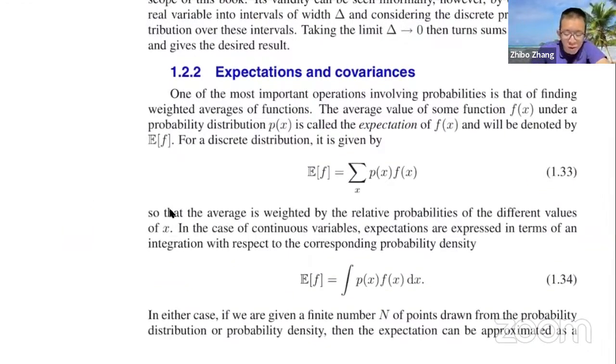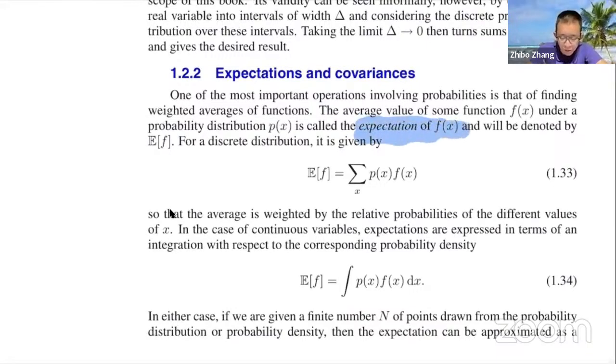Expectations and covariances. One of the most important operations involving probabilities is that of finding weighted averages of functions. The average value of some function f(x) under a probability distribution p(x) is called the expectation of f(x), and it will be denoted by E[f].